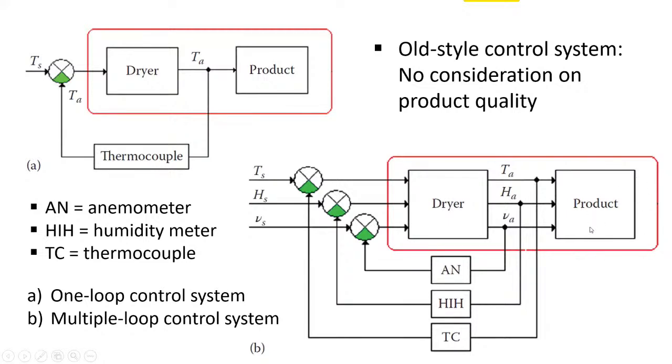And we don't monitor the quality of the product. How about the color of the product, the shrinkage, etc.? We don't control it. So we determine the temperature, the air velocity, etc. based only on past experience.